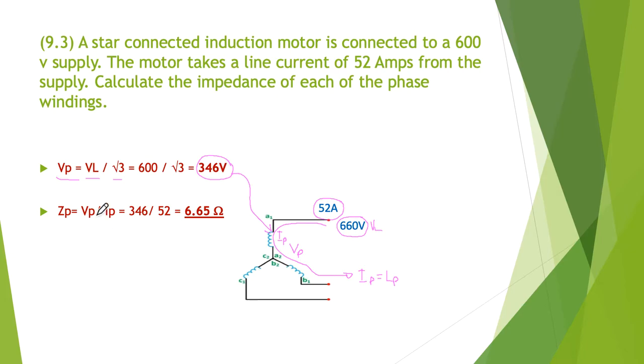As long as we have the volts phase and the current phase, we can do that. Now we've just calculated the volts phase at 346. If we divide it by the current, 52, that's going to give us the impedance. So we end up with an impedance of 6.65 ohms. So that's the Z phase for our winding.